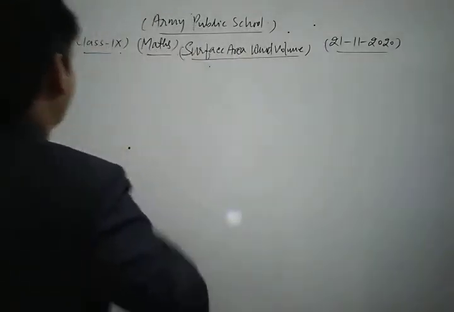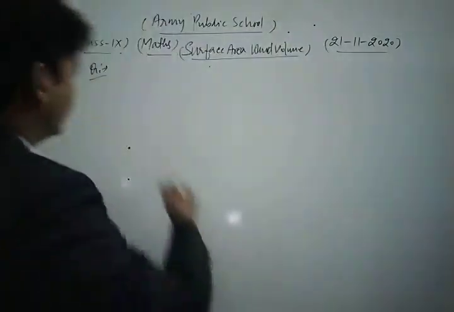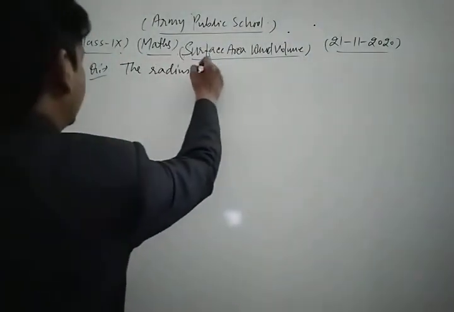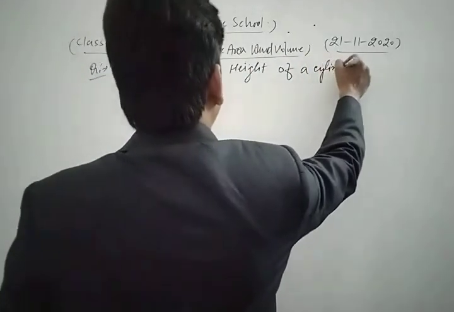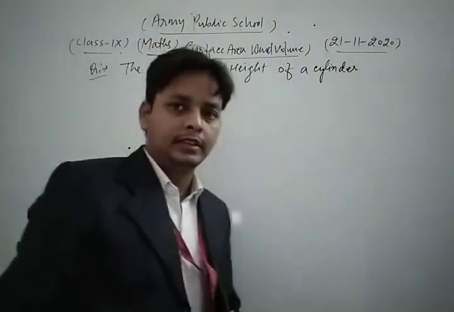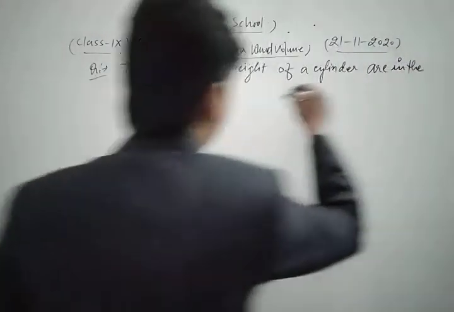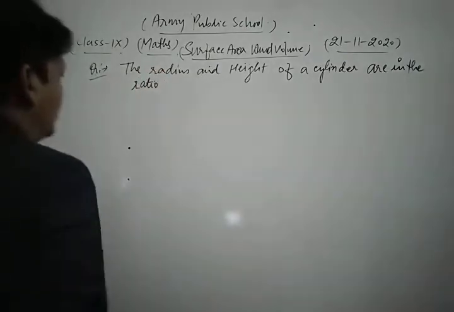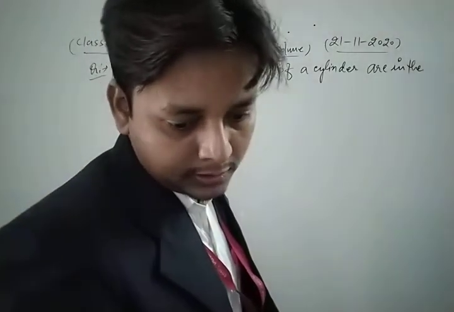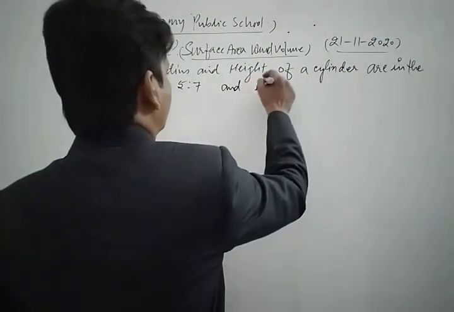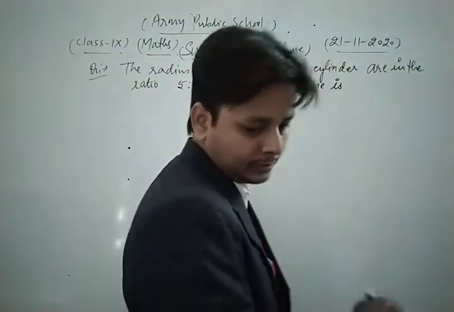Now let's see our question. The question is, the radius and height of a cylinder are in the ratio 5:7, and its volume is 550 centimeter cube.